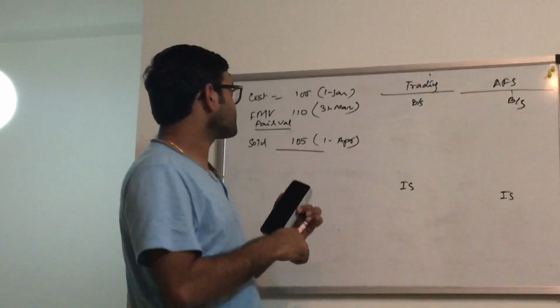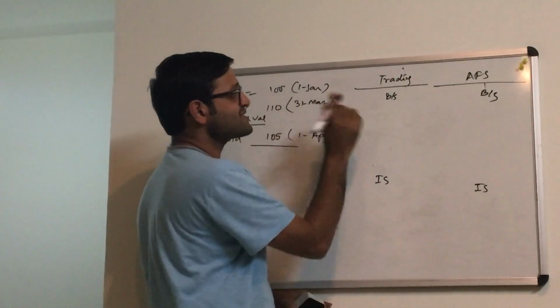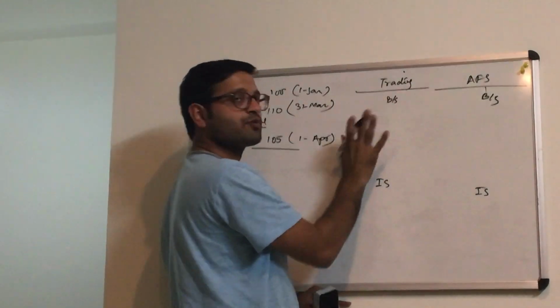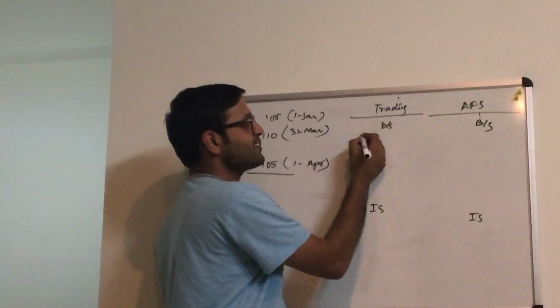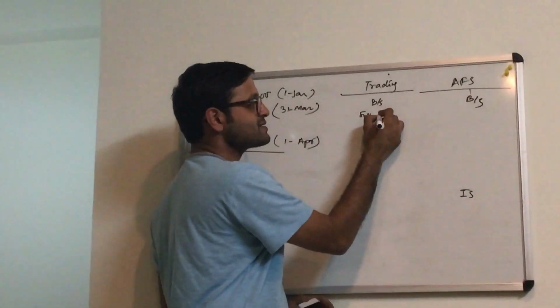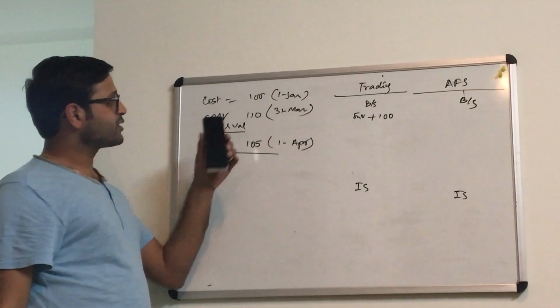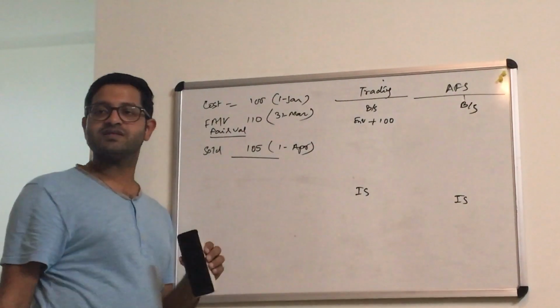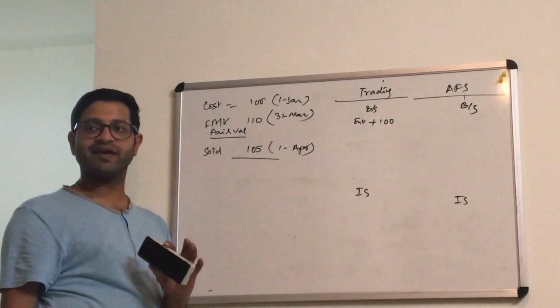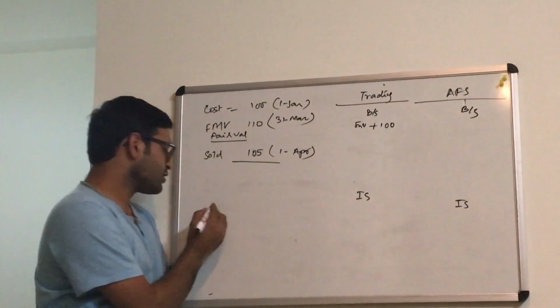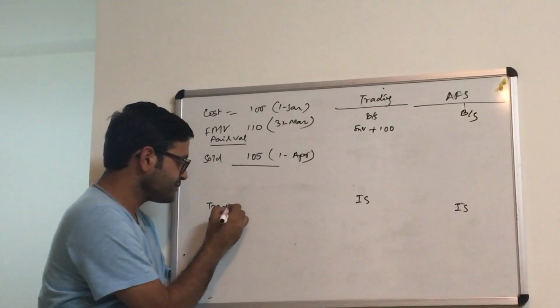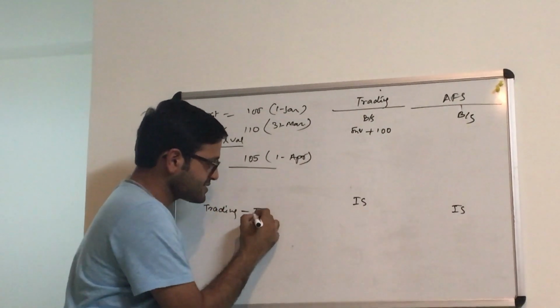So, cost 100. On 1st January, how much is going to be in my balance sheet? I'm talking about trading at this time. So I'll have an investment of plus 100. Coming to 31st March, the fair value is now 110, so I have a gain of 10. If it is the trading method, it is in income.